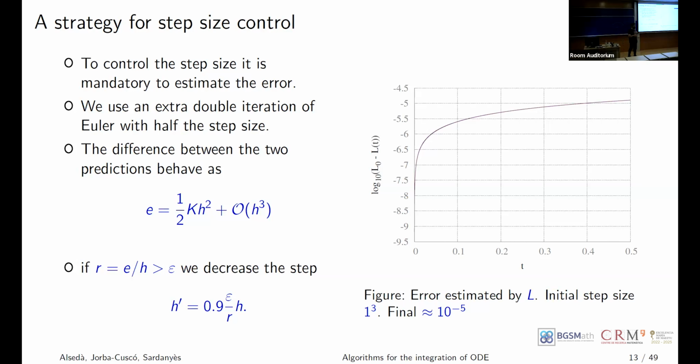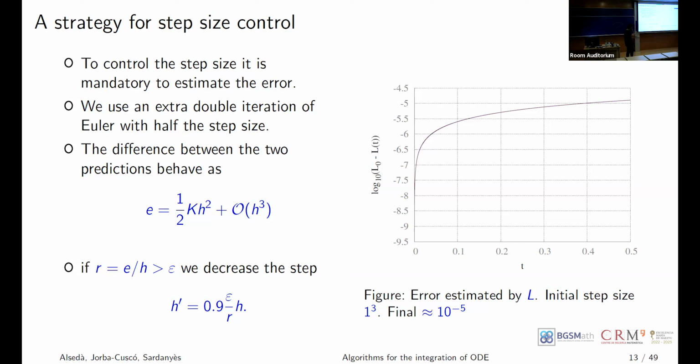So I'm going to use this second two-step prediction to compare. And if you go to the Taylor expansion, you'll see that if you subtract the two predictions, the behavior is some constant that depends on the problem, times h squared, plus some higher order terms in h.